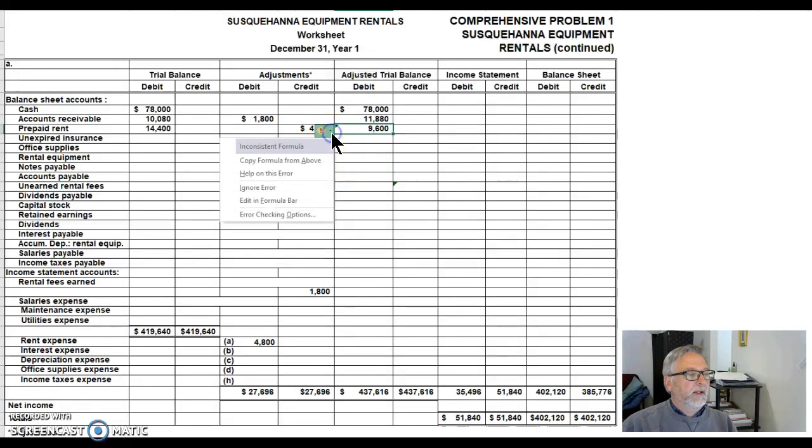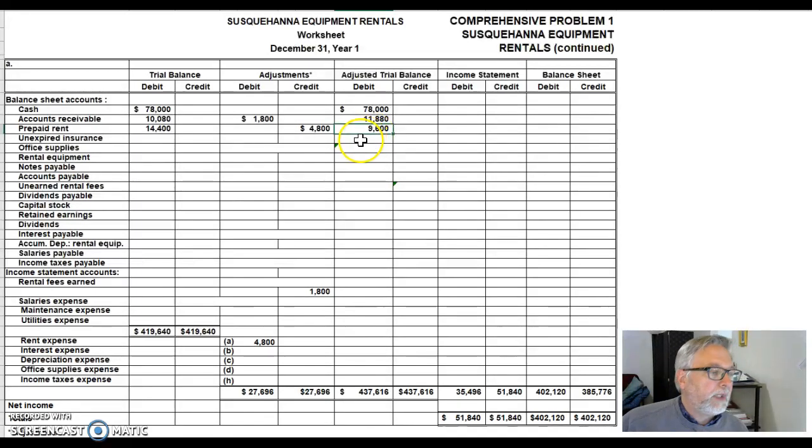Sorry, I'll hide that. Okay, and so that's the difference there. That's the net coming out right there of those two. Okay. And then you're going to just go on down and pull these across.